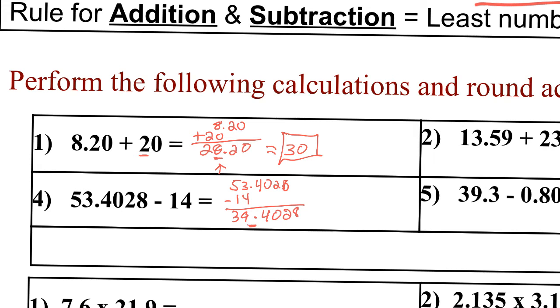Well, we want to round to the ones place. The 0.4 is less than 5, so I'm going to round down, so 39 would be the correct answer.